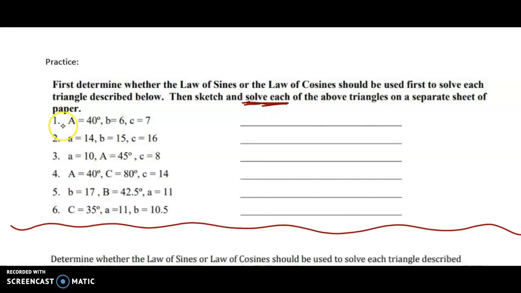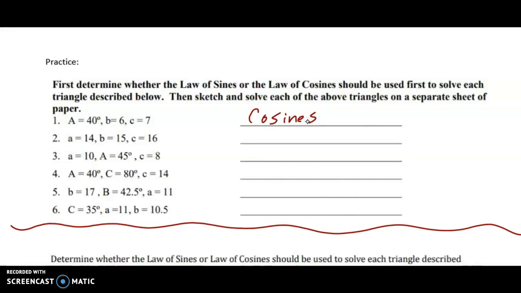So, for example, number 1, I have big A, so I have angle A. In order to be able to use the law of sines for this, I'm going to need side A. Well, they give me side B, they give me side C. So for this first one, I cannot use my law of sines, so I know I have to use the law of cosines.